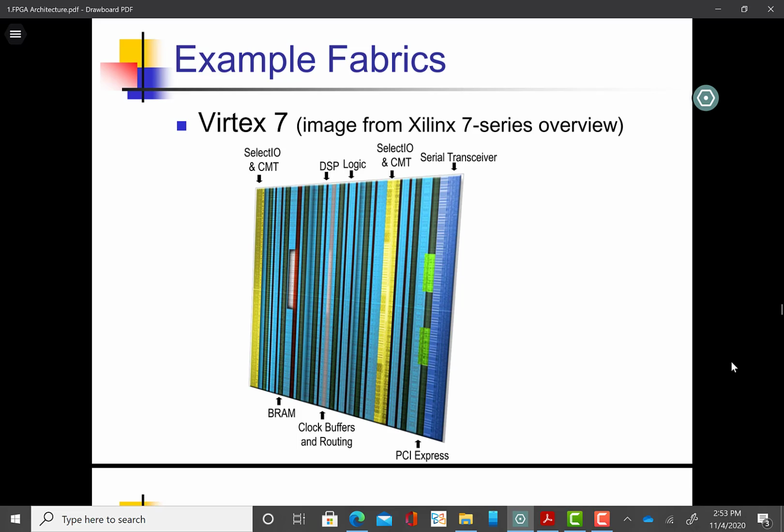This slide shows an actual image from a Xilinx 7 series FPGA, and you see these different colored columns, which represent different resources. For example, on the boundaries we have SelectIO and CMT, which stands for clock management resources.